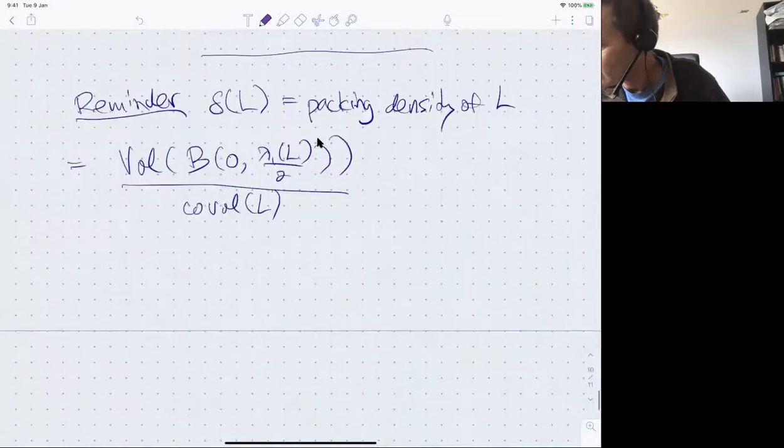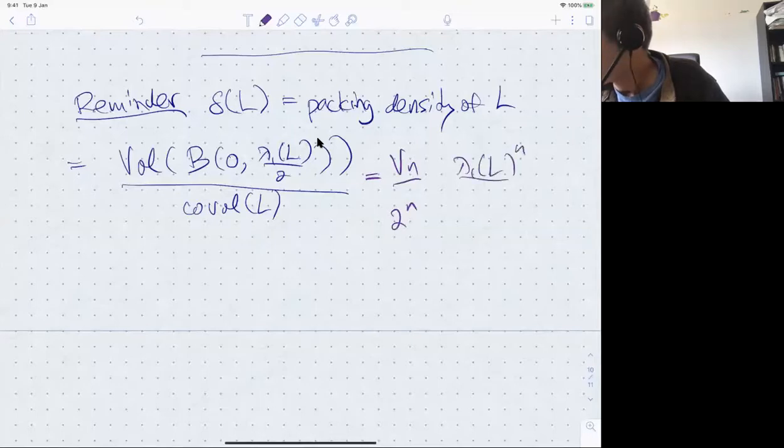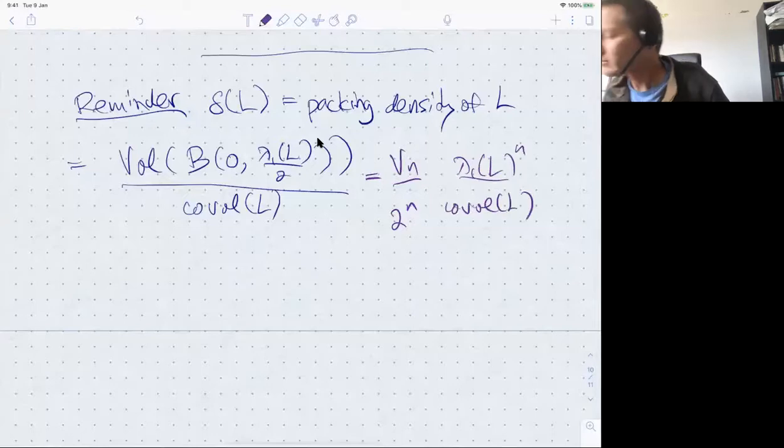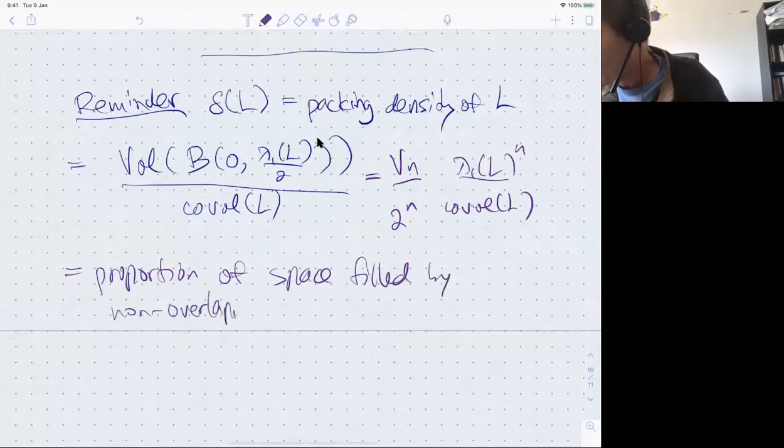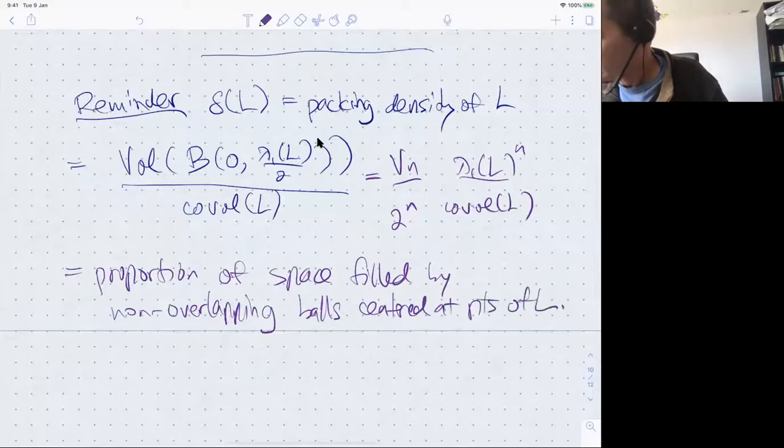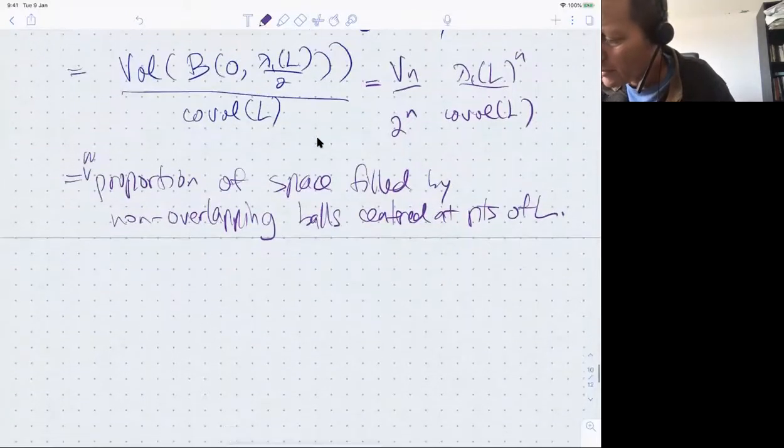So let me write down that formula that I just explained. So we get this quantity, which is the proportion of space filled by non-overlapping balls centered at points of L, maximal proportion.